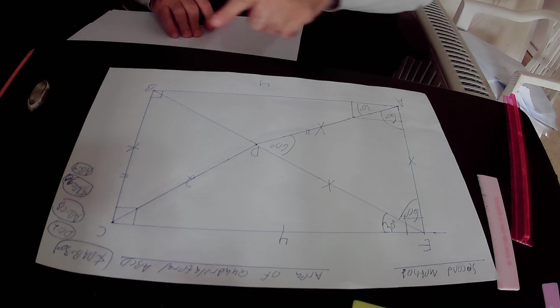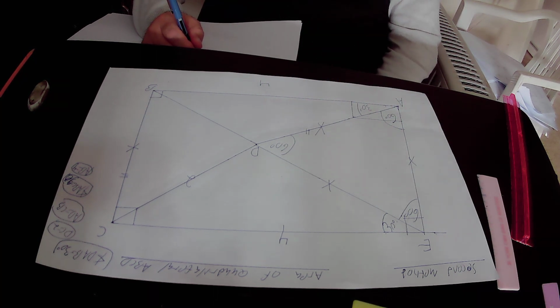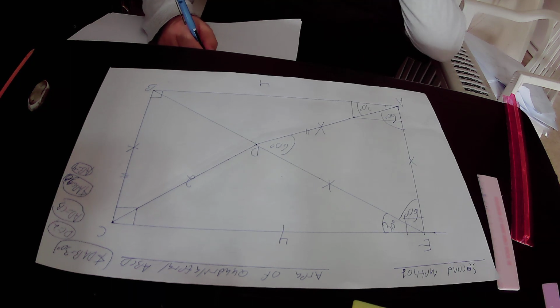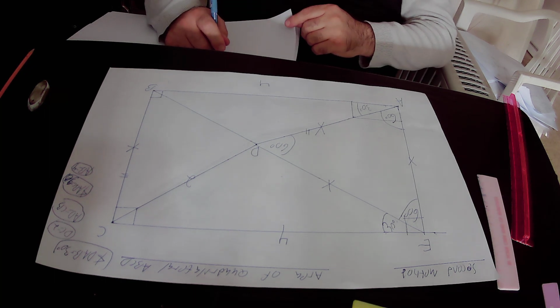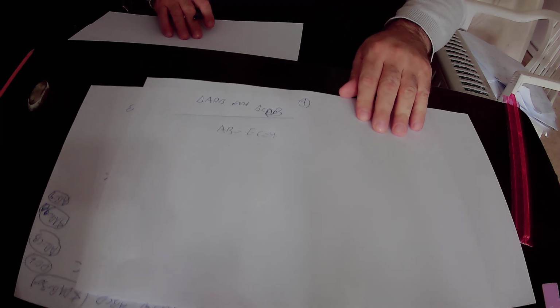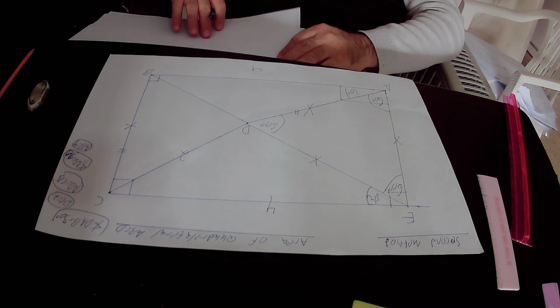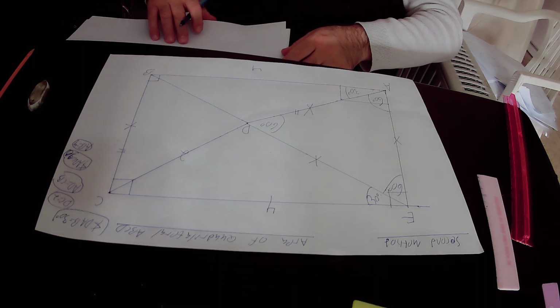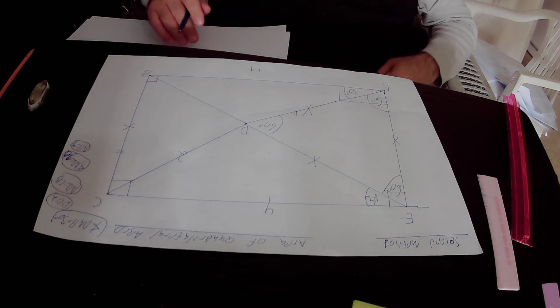First of all, we know that AB equals EC equals 4 units. I'll repeat again: AB equals EC equals 4 units. We also know that those two angles are equal to each other, they are both equal to 40 degrees.